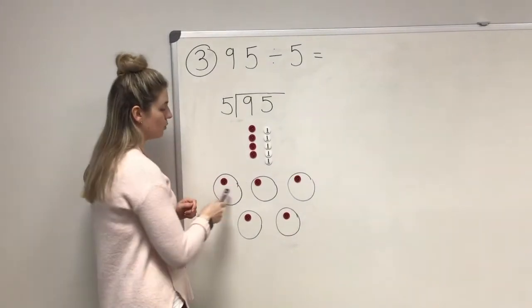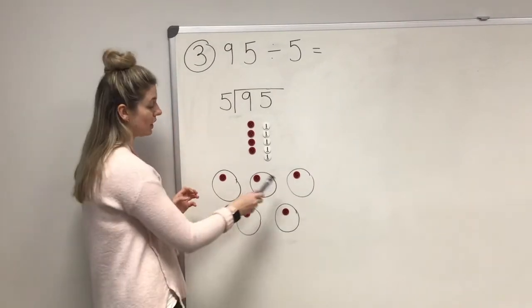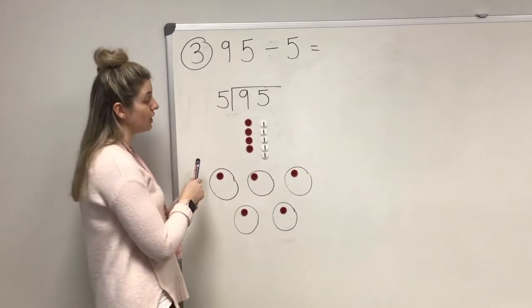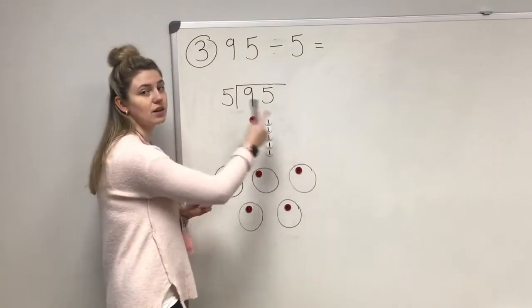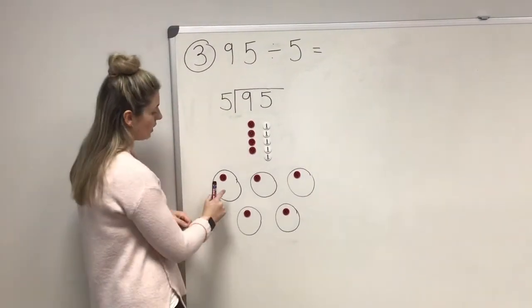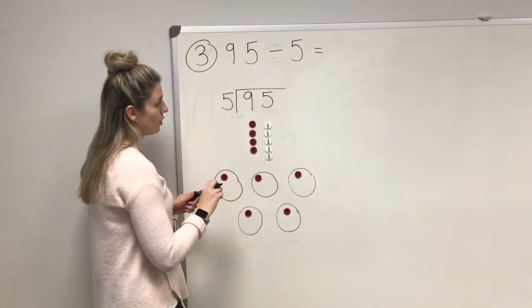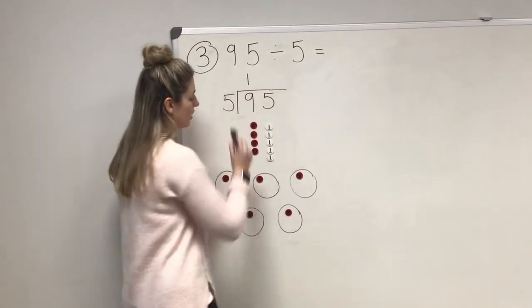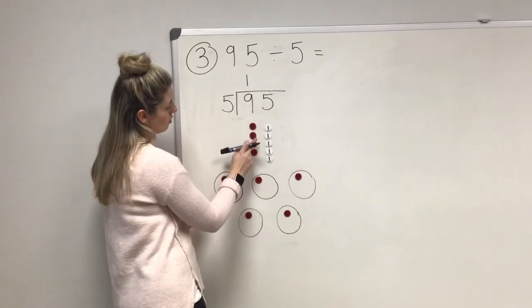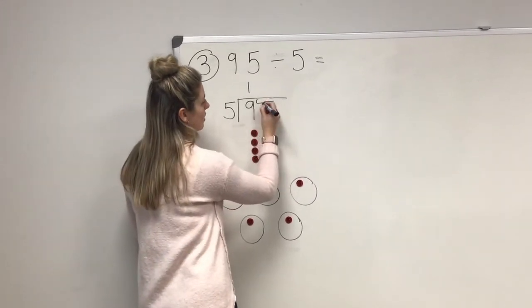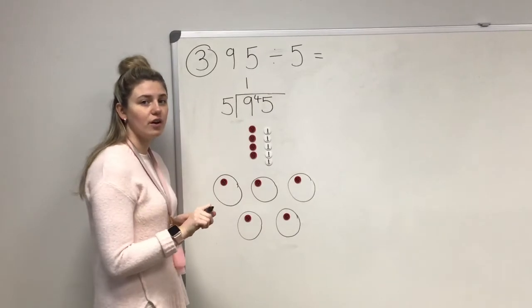Now that will not split equally between my 5 groups. So we need to carry that over to our ones, so that will be our next group. So in each group we have 1 ten equally, and then we need to carry over 1, 2, 3, 4 tens. So we are carrying over 4 tens.